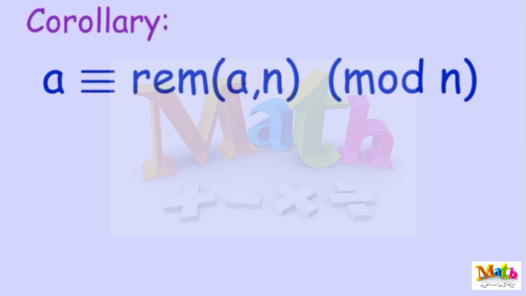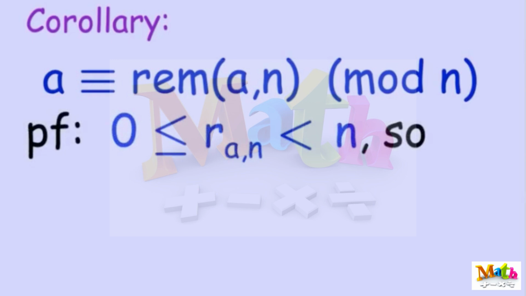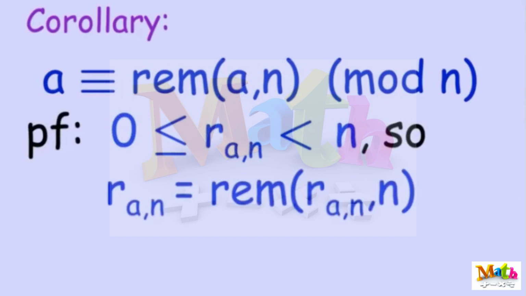Well, if I take remainders of both sides, the left-hand side becomes the remainder of A divided by n. The right-hand side is the remainder of the remainder. But the point is that the remainder is in the interval from 0 to n, and that means when you take its remainder mod n, it's itself, and therefore the left-hand side is the remainder of A divided by n, and the right-hand side is also the remainder of A divided by n, and we have proved this.